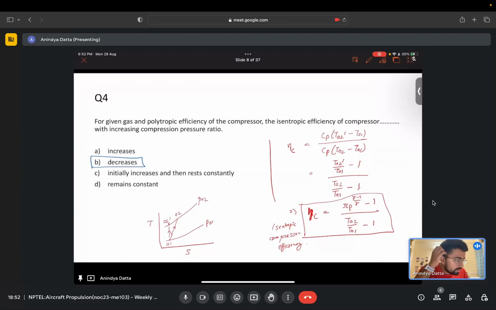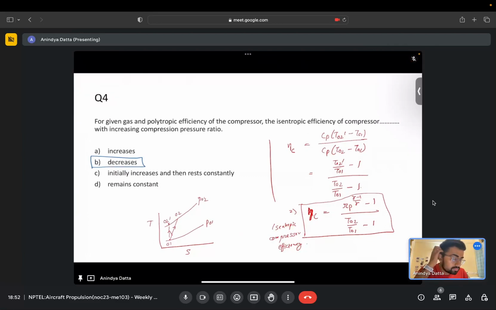We have seen the definition of isentropic efficiency, which is isentropic work input divided by the actual work input, for compressors, and we can simplify it in this form. In the numerator we have the pressure ratio to the power gamma minus 1 by gamma, minus 1, and in the denominator the actual temperature ratio across the compression minus 1. So isentropic compressor efficiency is dependent on the pressure ratio.